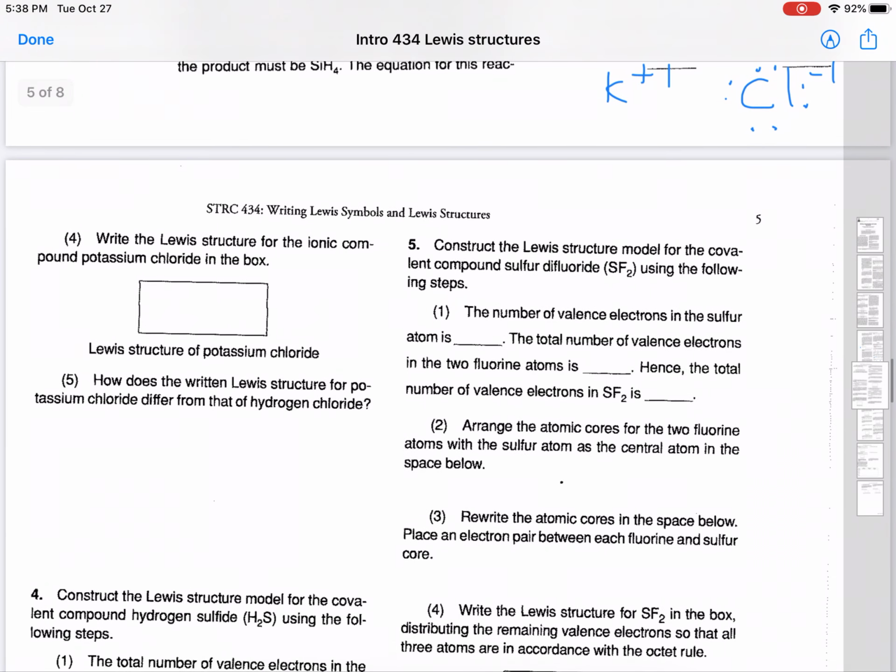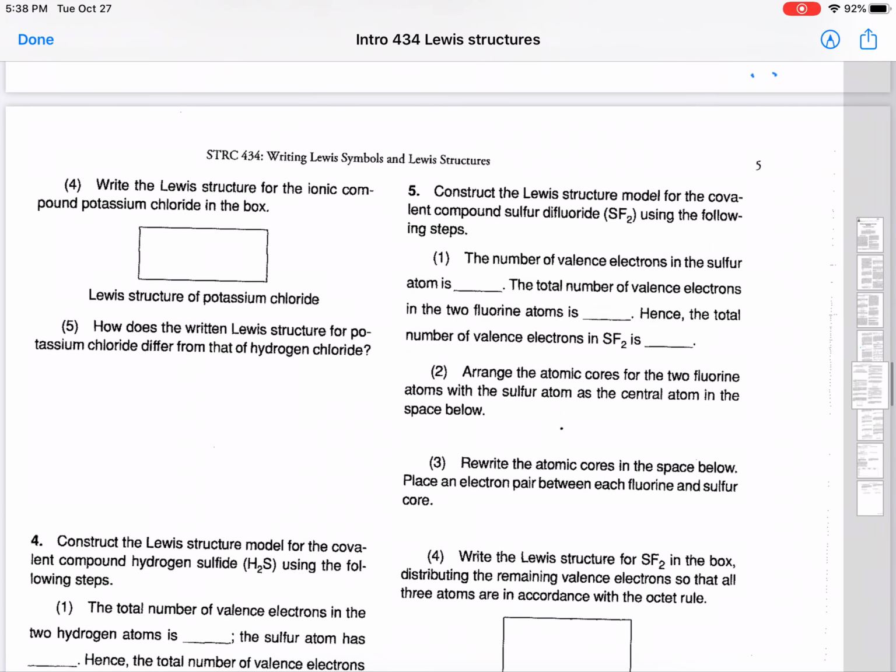Write the Lewis structure for the ionic compound potassium chloride in the box.